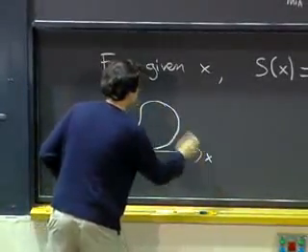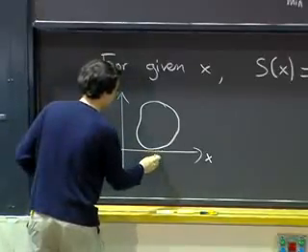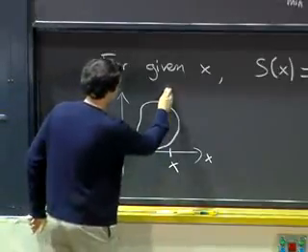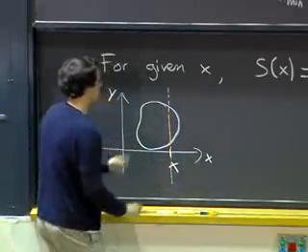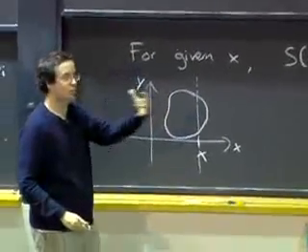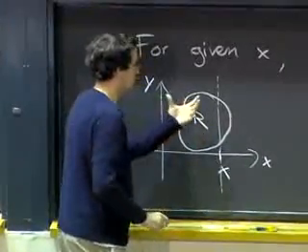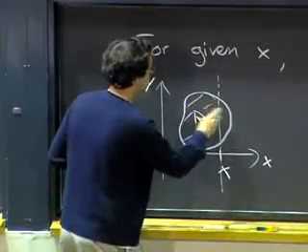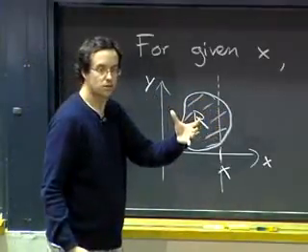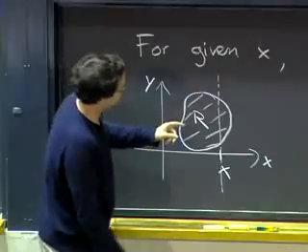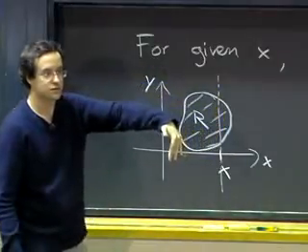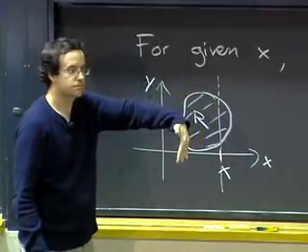So remember, we fix a value of x. For a given value of x, we slice our graph by this plane parallel to the YZ plane. Now imagine the graph is sitting above that, and that's the region R. I have the region R, and the graph of a function above it, and I'm trying to find the area between this segment and the graph above it in this vertical plane.